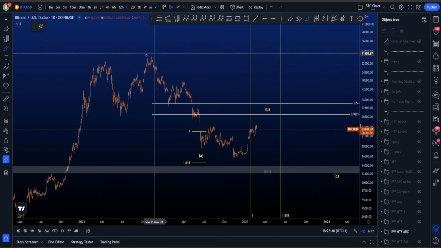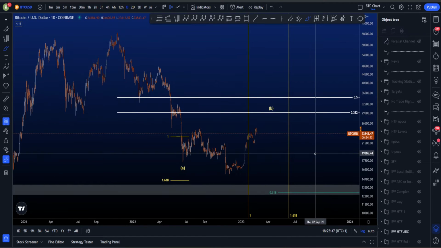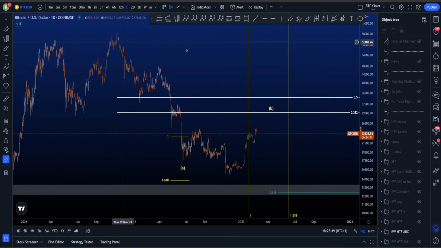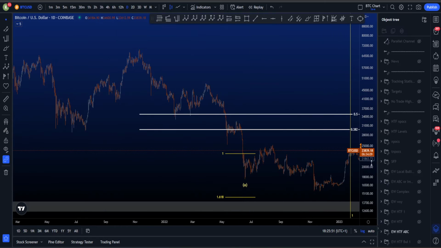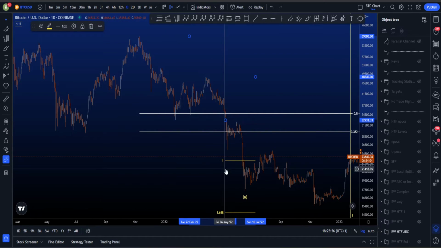That also means that the all-time high is wave 5, right? So this is again 3, 4, 5. So then when we look at this scenario, we can see the following. You see over here a trend-based fib extension in yellow.